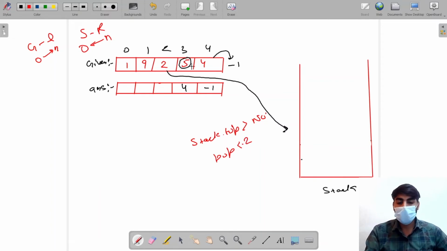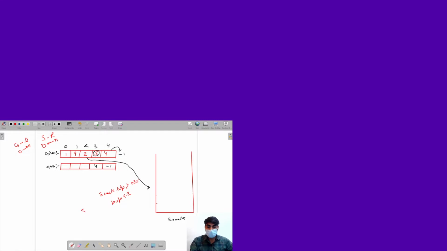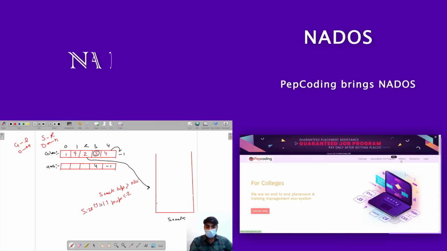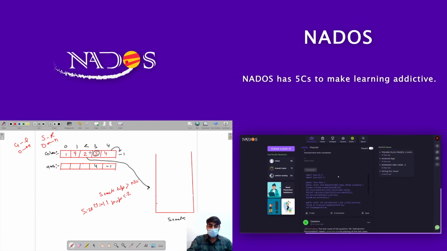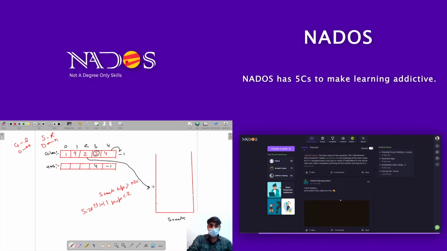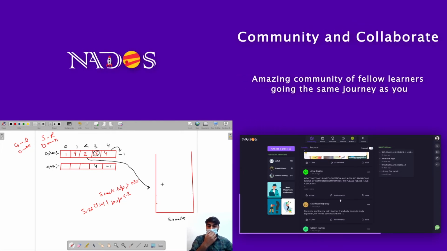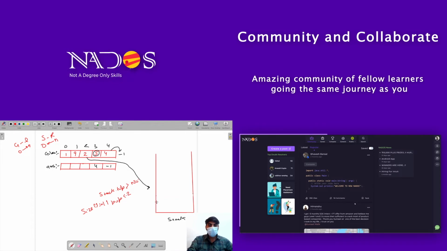We keep removing from the stack until the size becomes 0, or the number in the stack is less than 2. Because we are finding the smaller element from the right side.